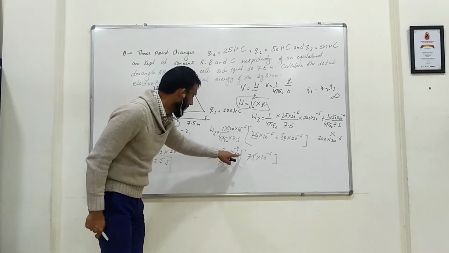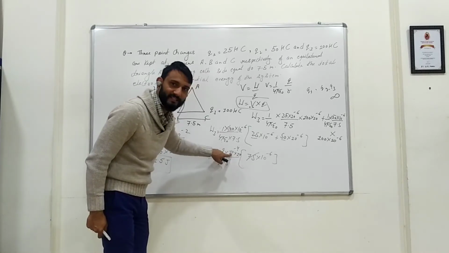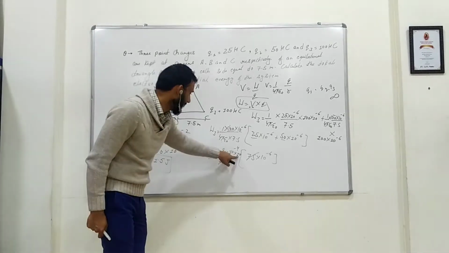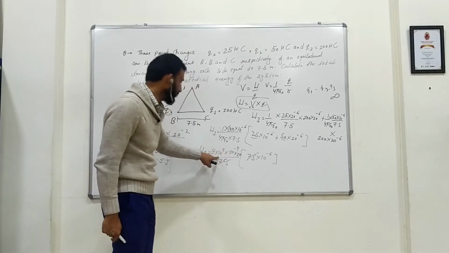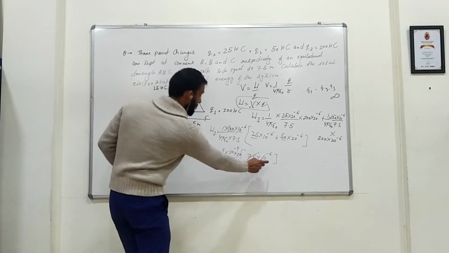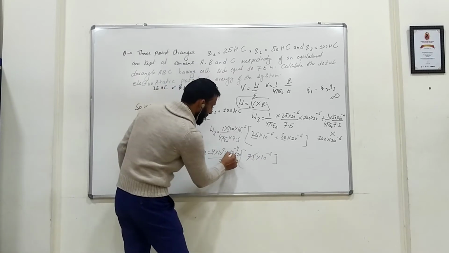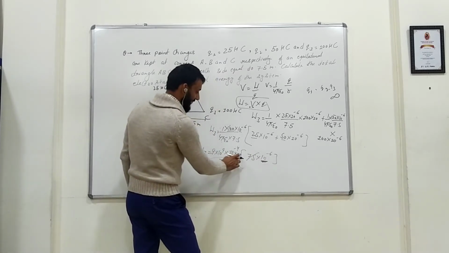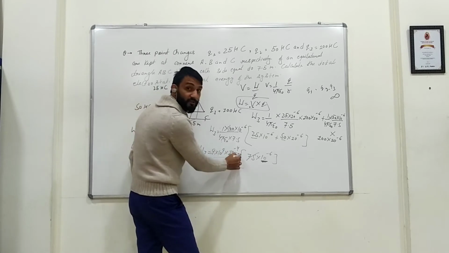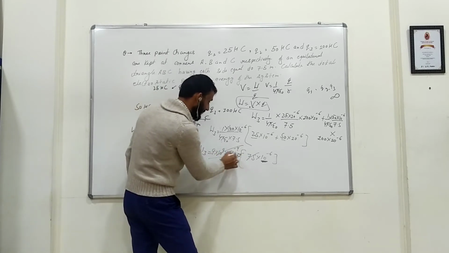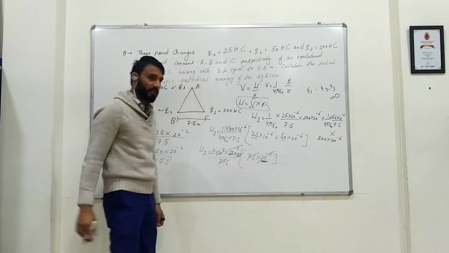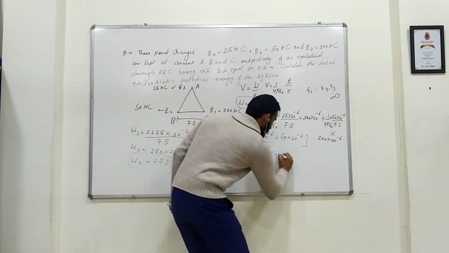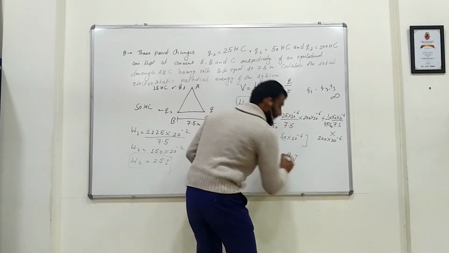Now look here, the powers of 10 will combine and this whole thing will get cancelled out. So what I am left with is equal to 9 joule.